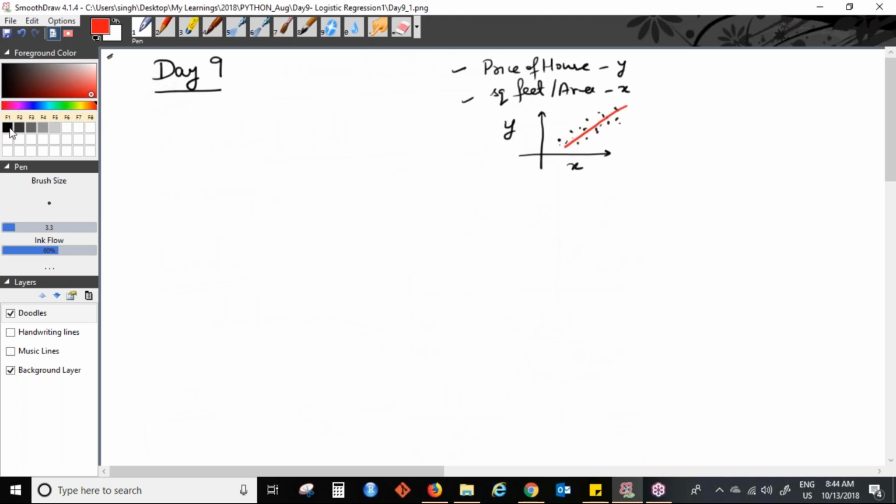Homoscedasticity is something different. Homoscedasticity is that your residuals. So what are residuals? Residuals are the errors that you will get. So when you plot these points, you will get some errors, right? So when you draw the residual or the error and the predicted values, this is the predicted values, okay?